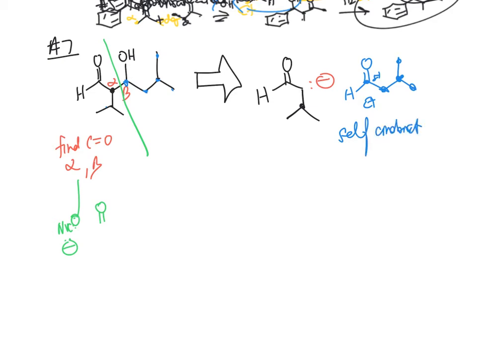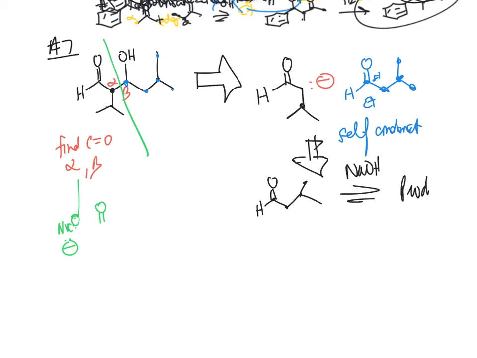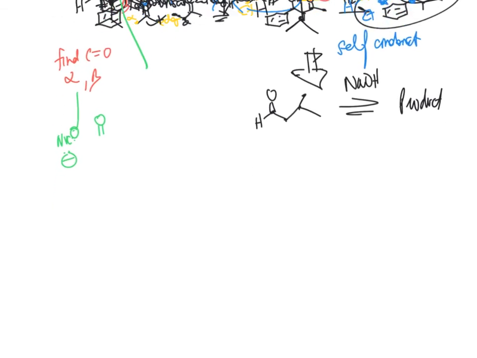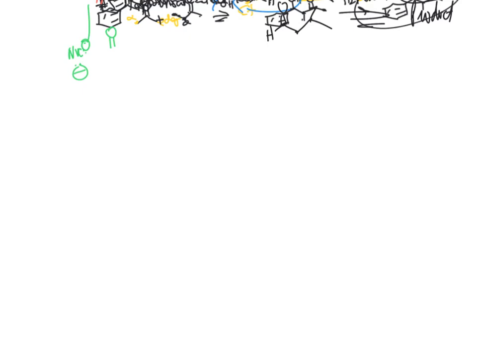So when you write out your reaction, 1, 2, 3, 4, 5, it's just that with sodium hydroxide. And then you get that product. Okay, the next one, 10B.